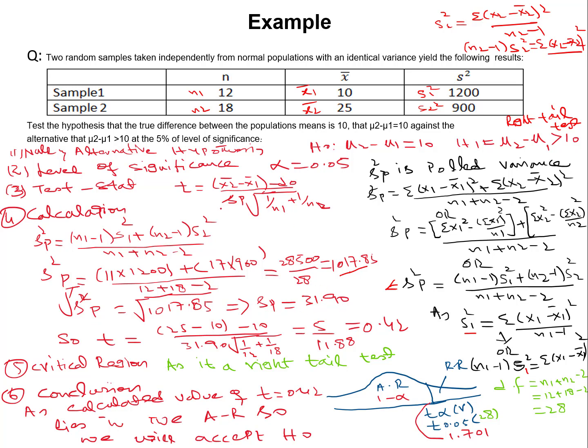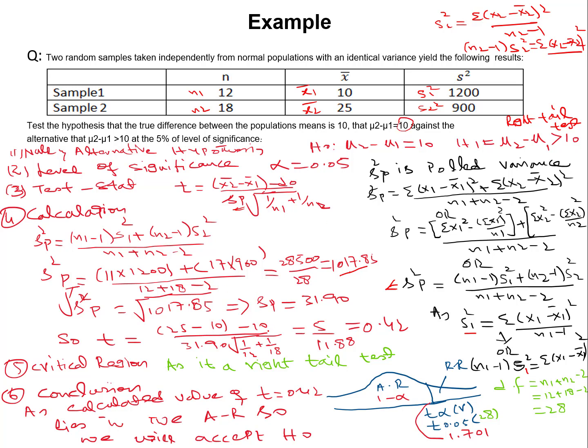Why do we calculate this? Because we need this value in this formulation. So t is equal to, x2 is 25, x2 is 25. Now we want to put the values in this formulation: 25 minus x1 which is 10, 10 minus the difference. The difference is given to you, this one, this is D naught.